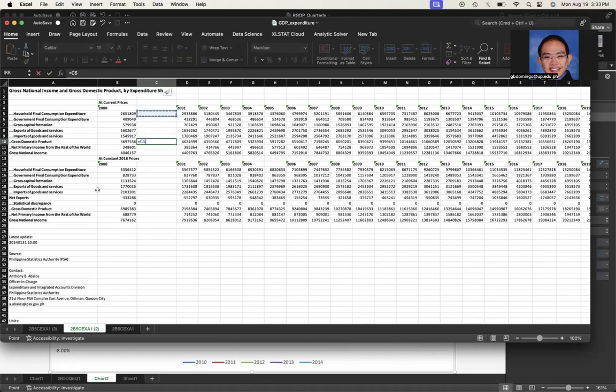Is it equal to consumption, plus government spending, plus investment, plus exports, minus imports? And as you can see, it's the same number, 3697756, and this is 3697756.